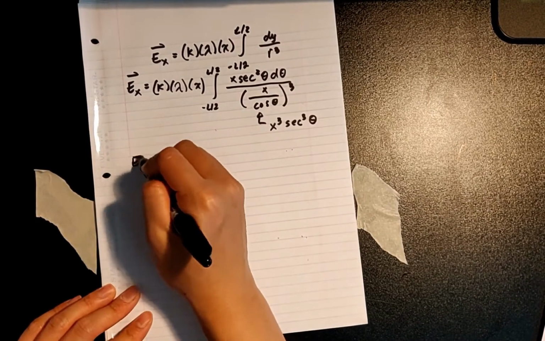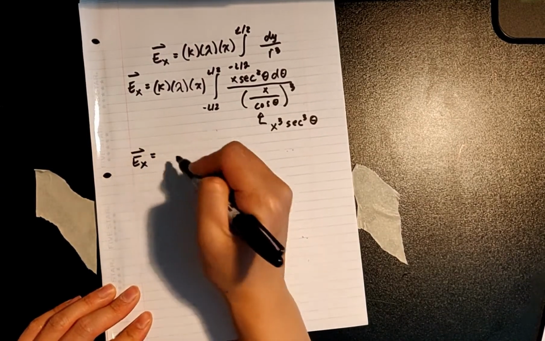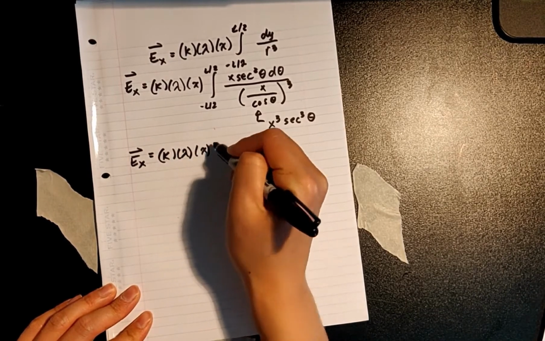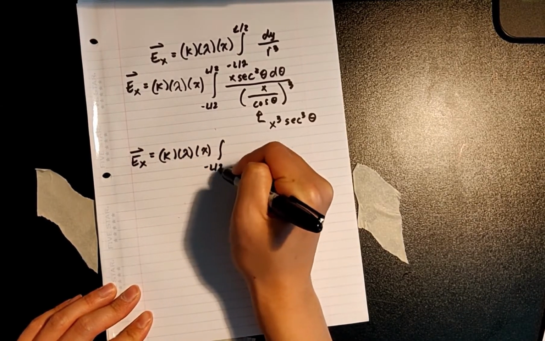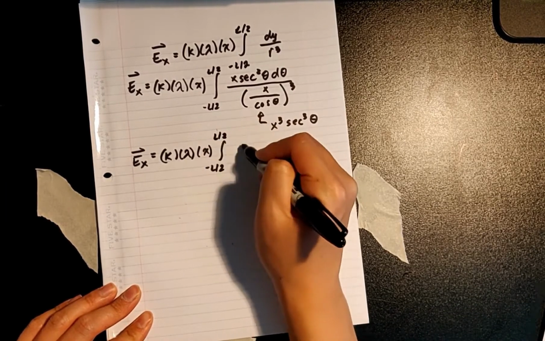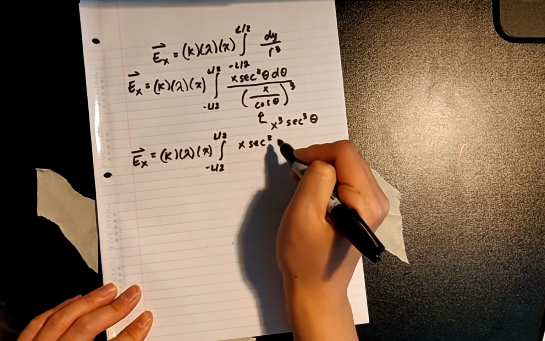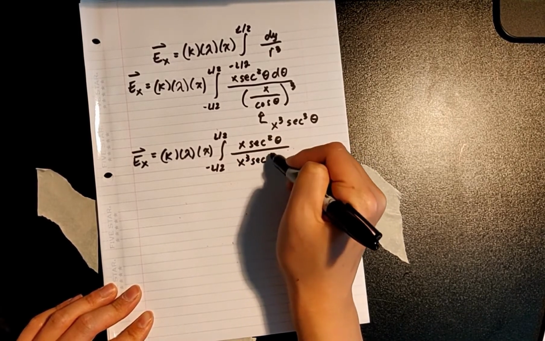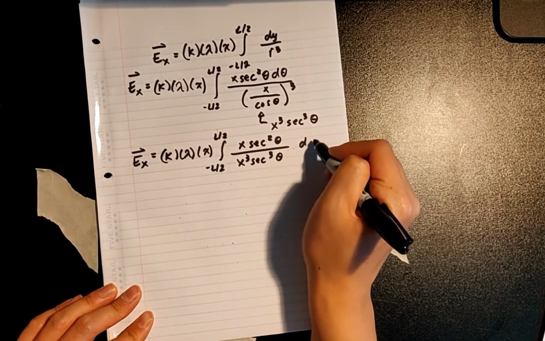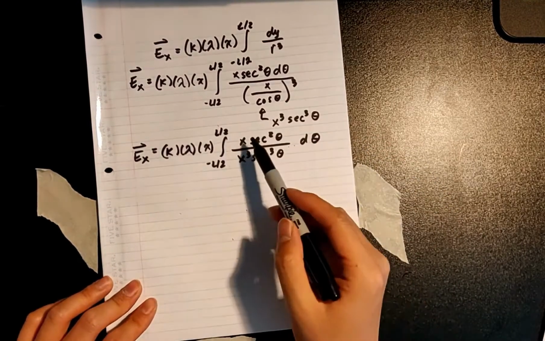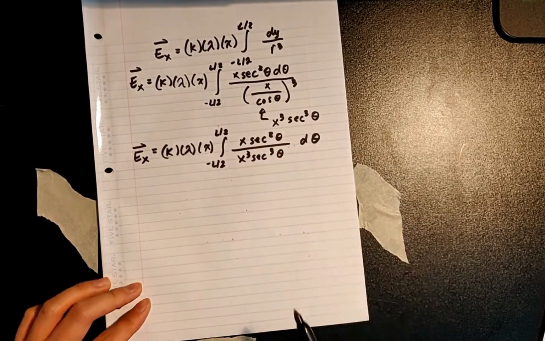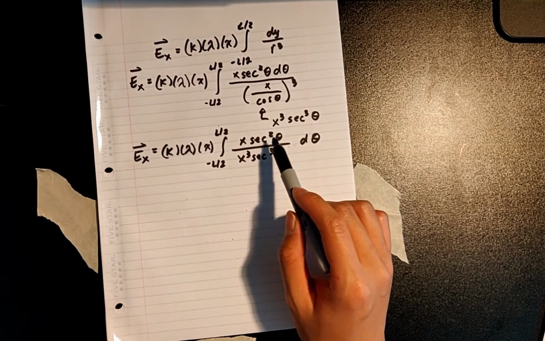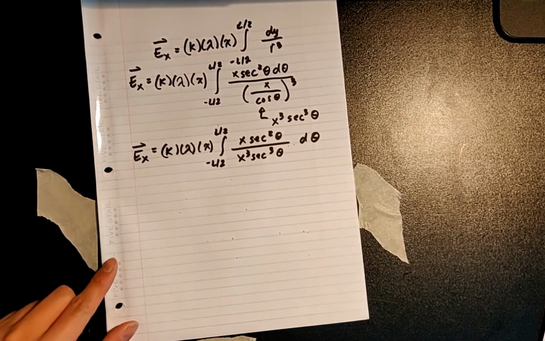That means Ex is just going to be equal to k lambda x, integral from negative L over 2, of x secant squared theta over x cubed secant cubed theta d theta. And it will just cancel each other out, and we are just going to be left with 1 in the numerator.